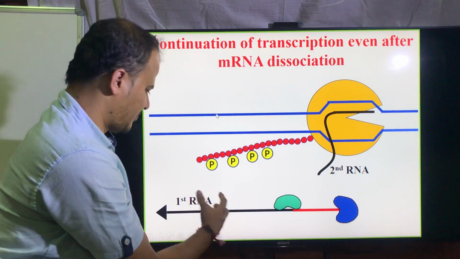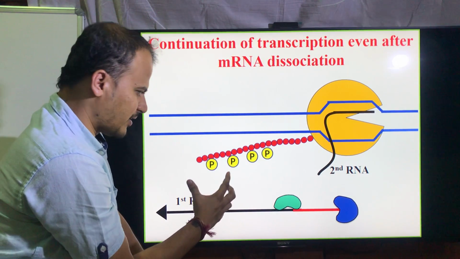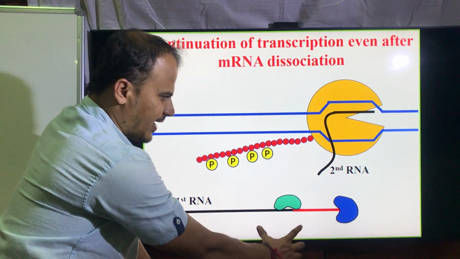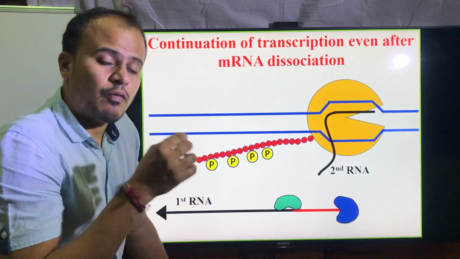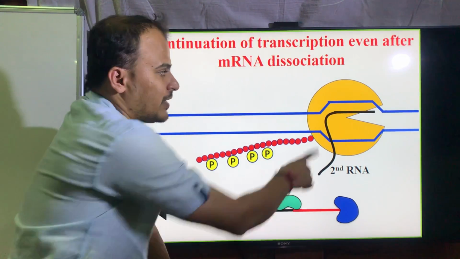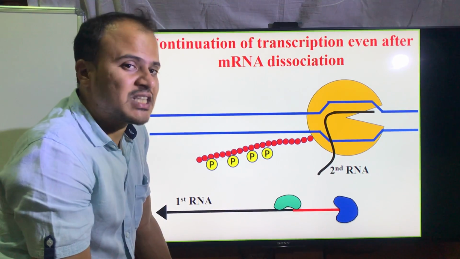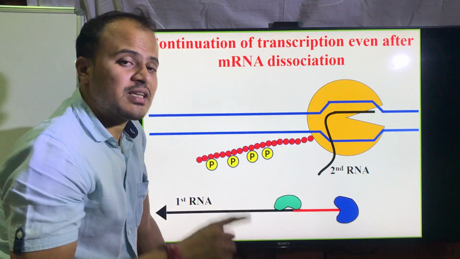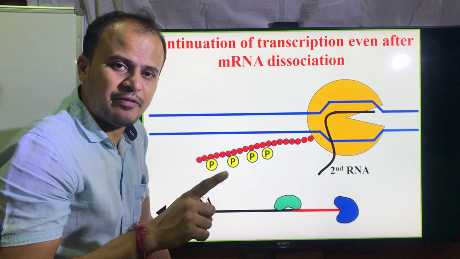This picture very clearly explains it, but the very important thing to notice is that the transcription bubble is not yet closed and RNA polymerase has not yet stopped its activity.